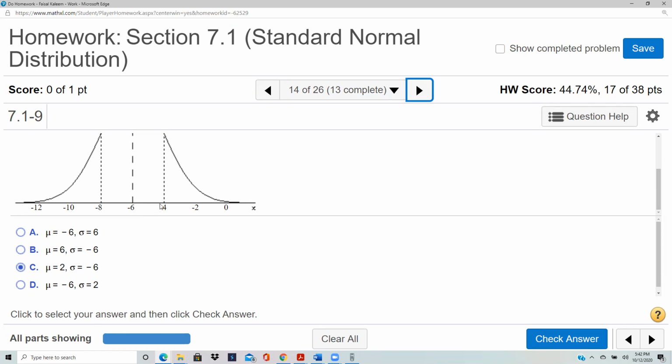The difference between -6 and -4 is -2 if you go in one direction, but if you go from -4 minus -6, that's 2. So the difference between the mean and this first mark is 2, and that means that's a standard deviation according to them. So the standard deviation is 2, mean is -6.